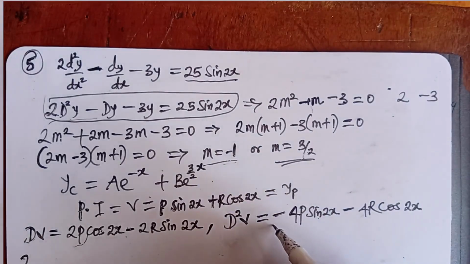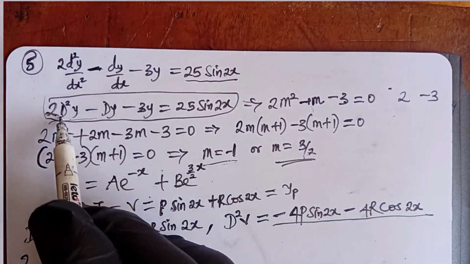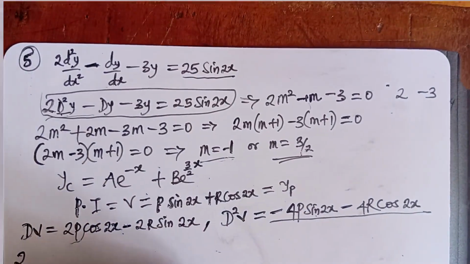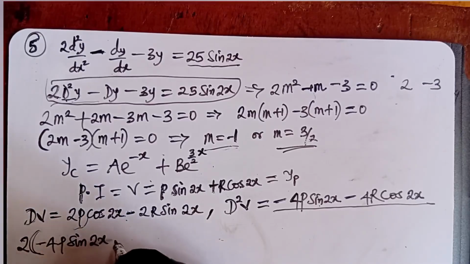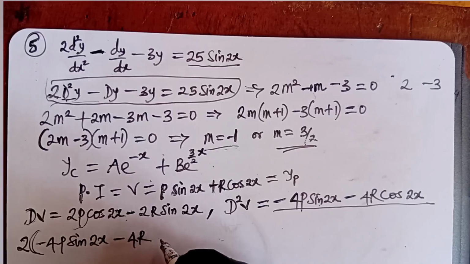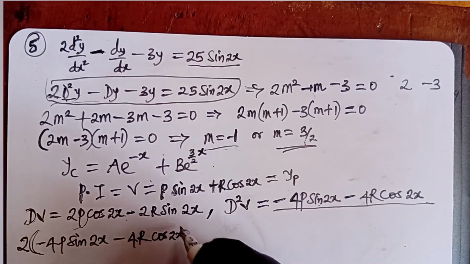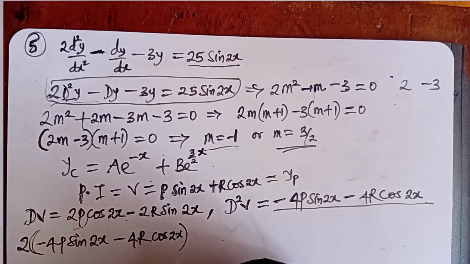So I will just write everything here in place of the d squared y. So this will be 2 into everything that is underlined: minus 4p sine 2x minus 4r cos 2x. You get it? Then let's go.